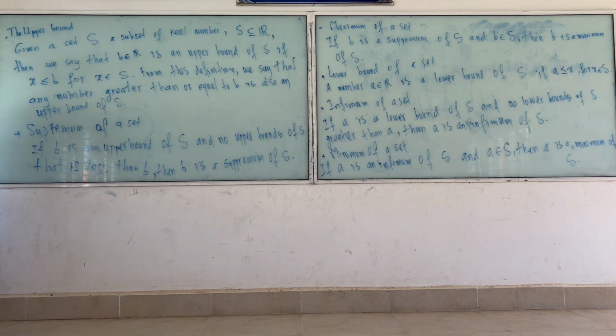And for the upper bound also, if a number is the maximum of a set, we can say that number is also the supremum of that set, and it's also an upper bound of that set. In contrast, it's not always true. Not every upper bound is the supremum, and it's not always the maximum.